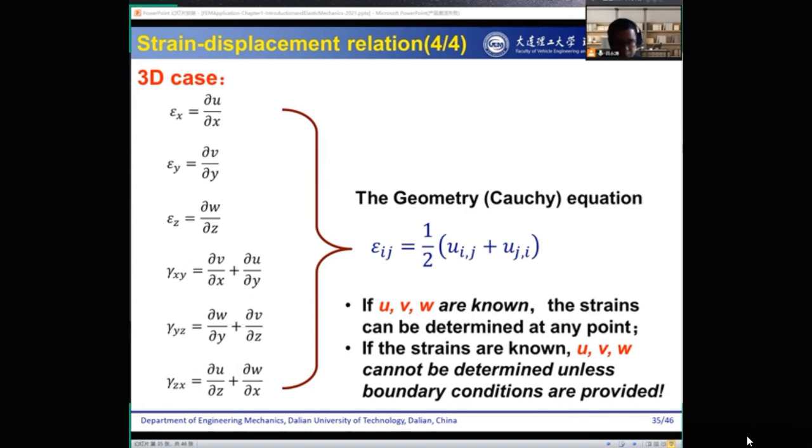Which means once we know the strain, if we want to work out the displacement, we have to provide additional boundary conditions. Only when the additional boundary condition is provided can we work out the displacement from the strain.